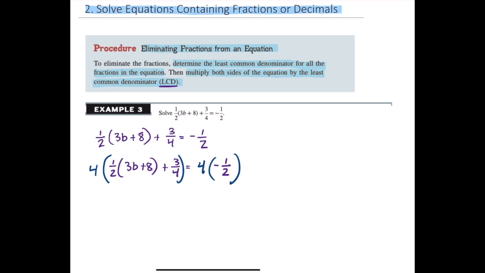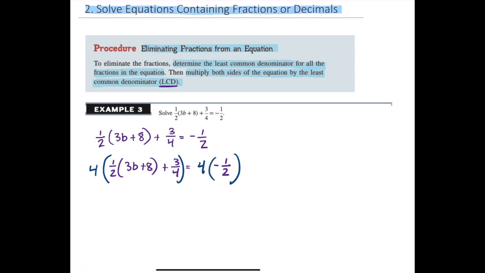All right, so this 4 is going to distribute to everything inside. Now this 1/2 times, open parentheses, 3b plus 8, because they're multiplied together, you can think of them as like a single object. So the 4 will only multiply by it one time. Like we're not going to distribute into the inner parentheses. That wouldn't be correct. It's just going to basically hit what's in front of the parentheses.